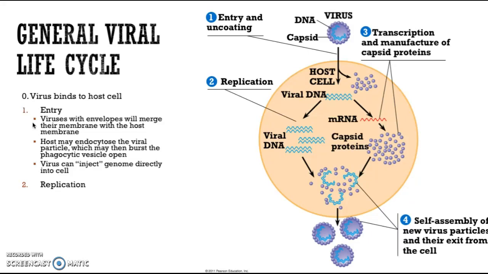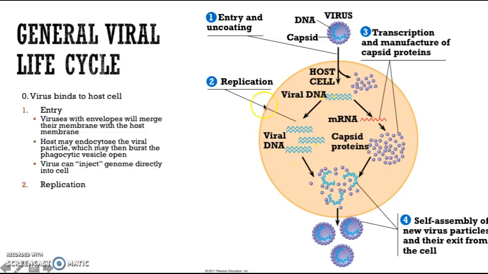The host cell can sometimes endocytose the viral particle, and then the viral particle can burst open that vesicle, or the virus can even just inject the genome directly into the cell. But somehow the viral genetic material has to enter.